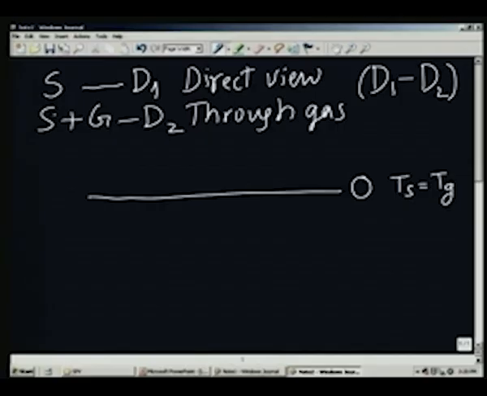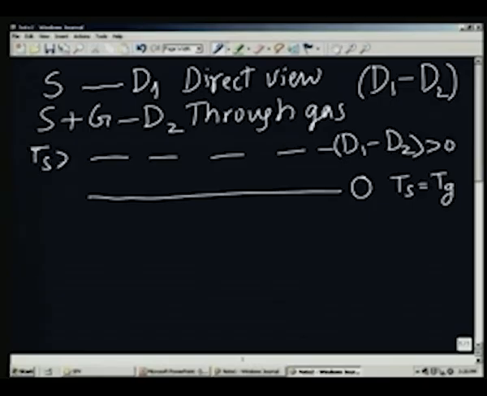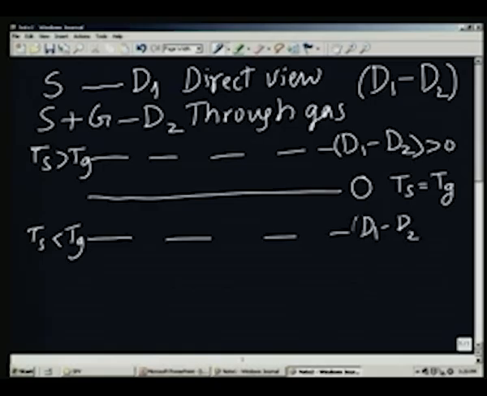If Ts is greater than Tg, we know that the direct view D1 will be greater than D2, so this will be positive: D1 minus D2 greater than 0 if Ts is greater than Tg. And if Ts is less than Tg, then D1 minus D2 is less than 0.